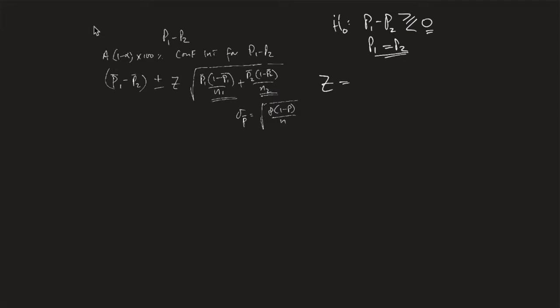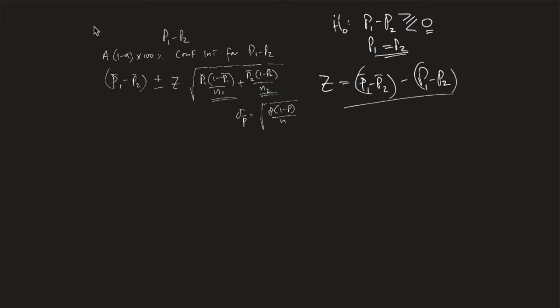So if that is the case, then we have to do something interesting. Our test statistic should look like this, right? Sample difference minus the population difference, P1 minus P2, which in this case would be 0.